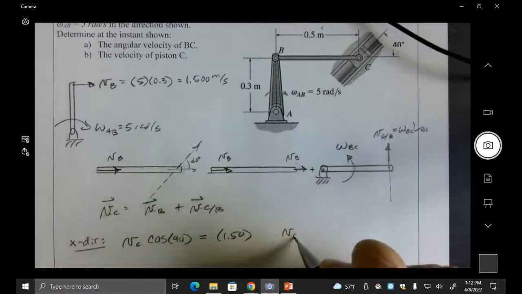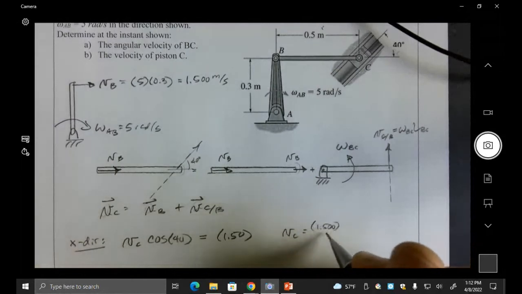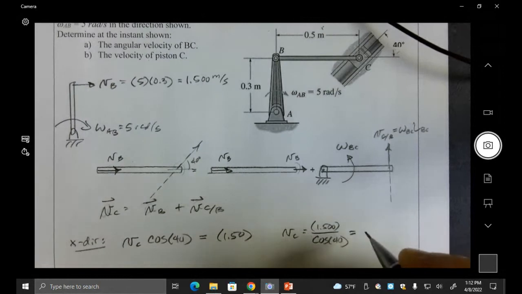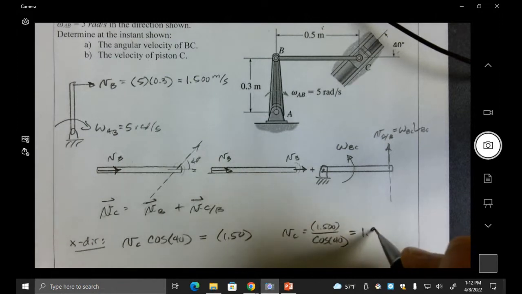So we can find VC. That's just going to be 1.5 divided by the cosine of 40 degrees. So that ends up, if I can find where that went, 1.958.